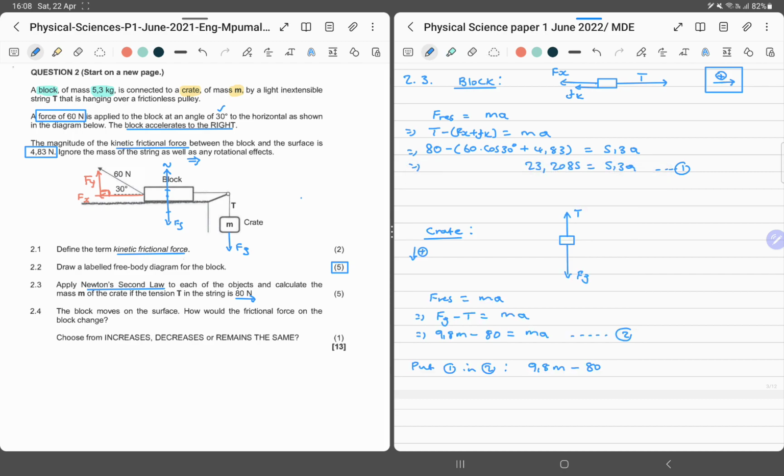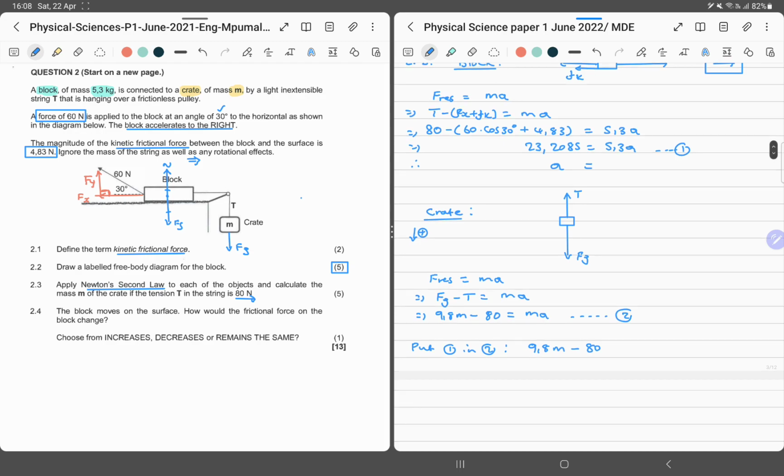So here we can make a conclusion and say therefore a is going to be, because we actually can calculate it, 23,2085 divided by 5,3. So here it's going to be 4,379 meters per second squared to the right, is it not? Yes.